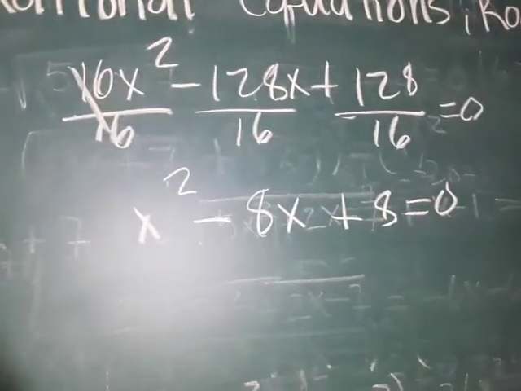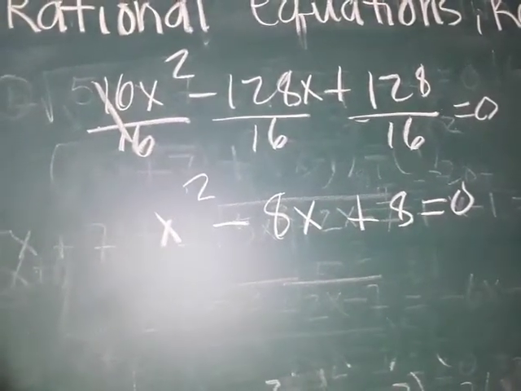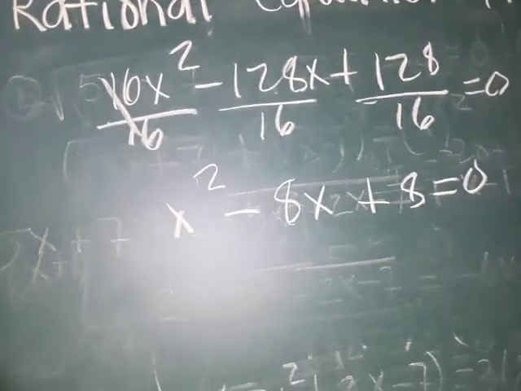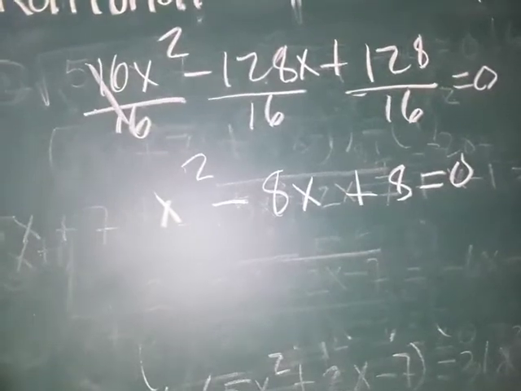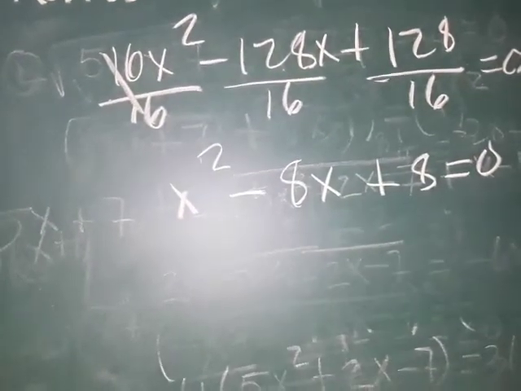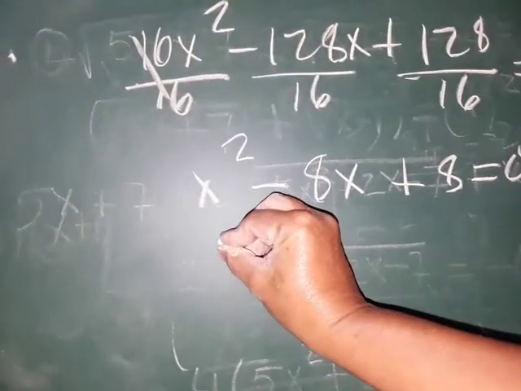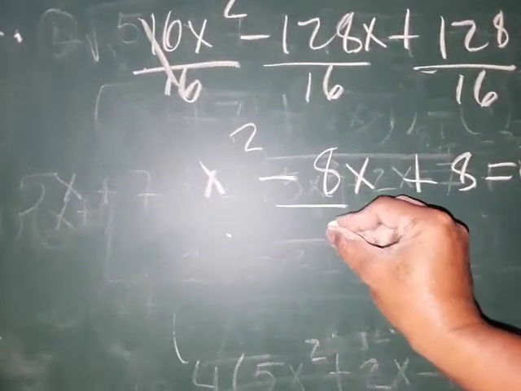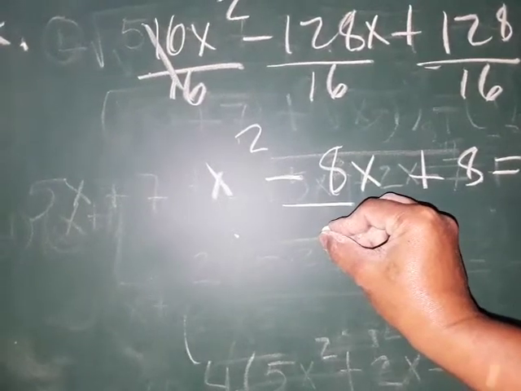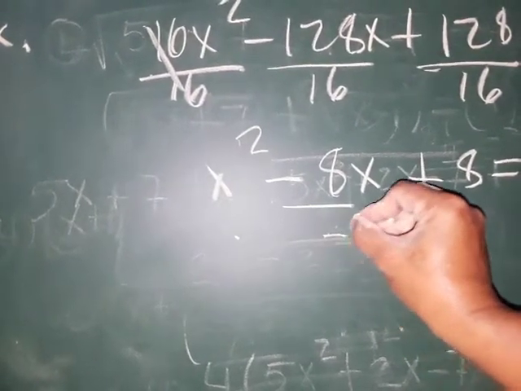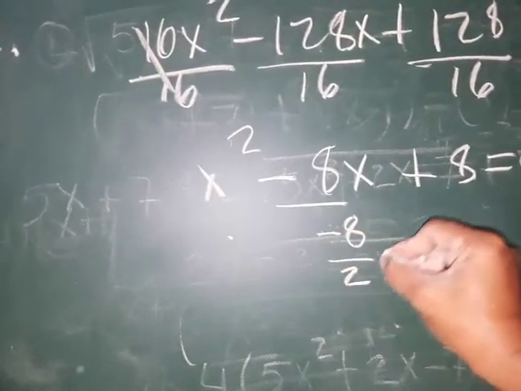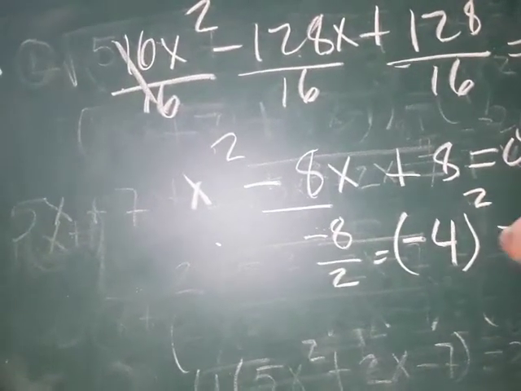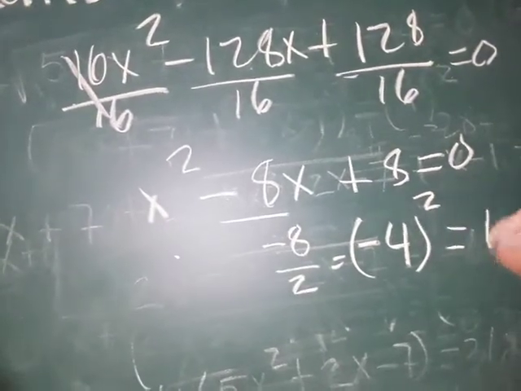Okay, so if you notice, of course, 8x and 8, that is impossible to factor. So what we are going to do now is completing the square. Get the middle term divided by 2. So negative 8 divided by 2 is negative 4 squared is equal to 16.